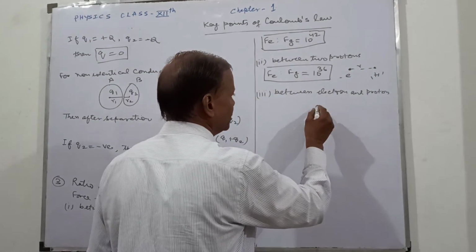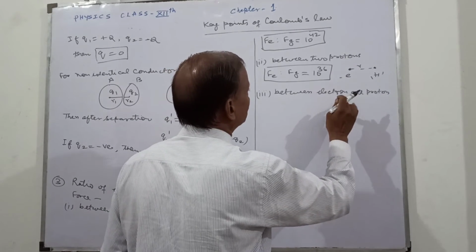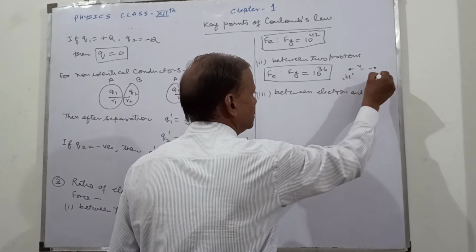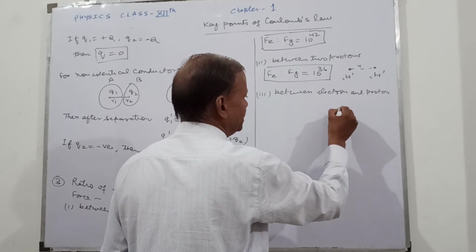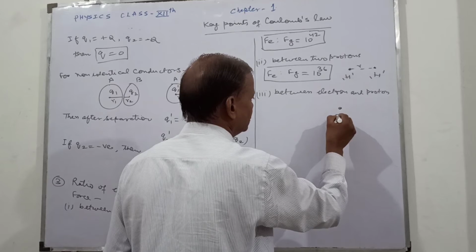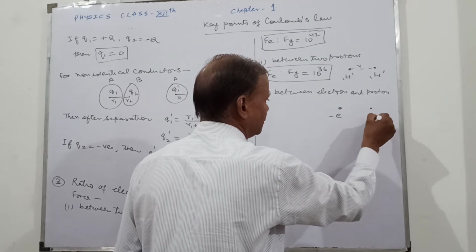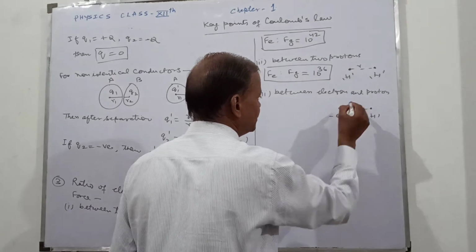No, this is not two protons. Here we are given an electron, and then we are given a proton. The distance between them is r.